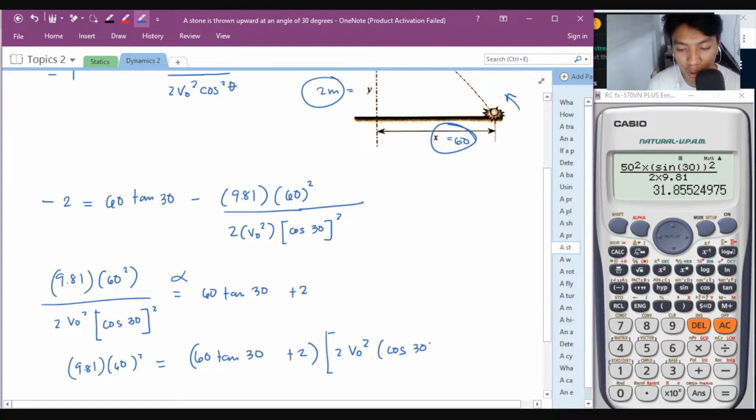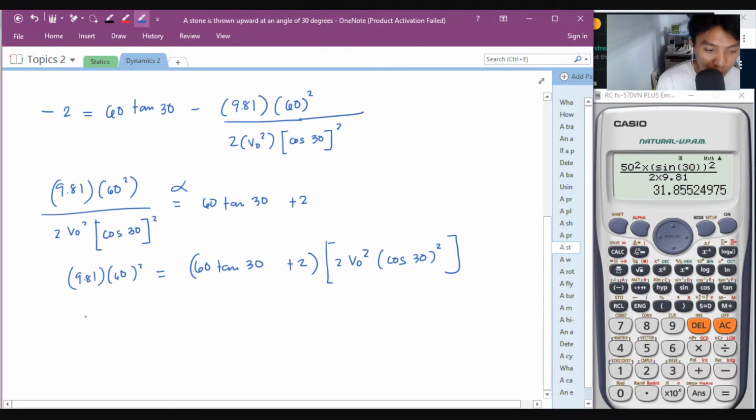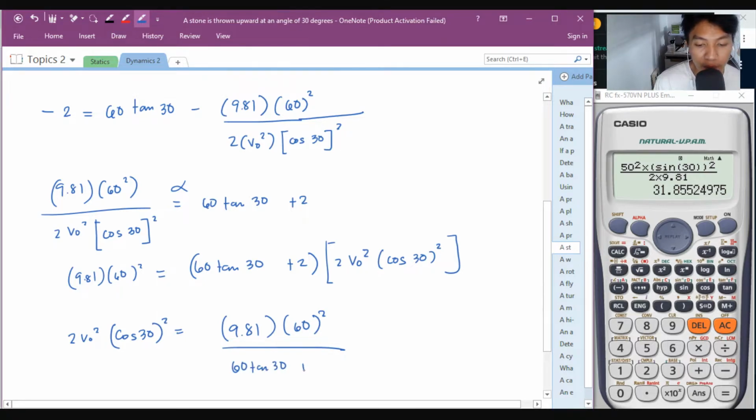Now we can do this one. We divide both sides by 60 tangent 30 plus 2. So, 2 V0 squared cosine 30 squared equal to 9.81 multiplied by 60 squared divided by 60 tangent 30 plus 2.